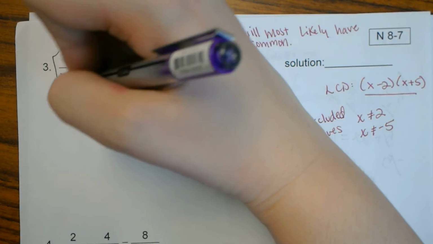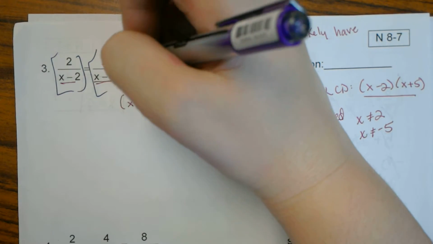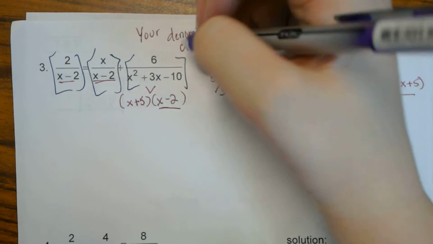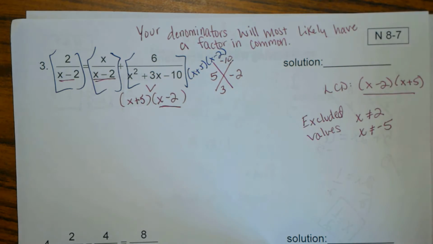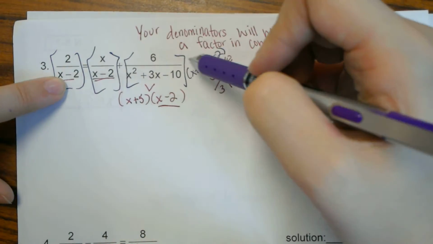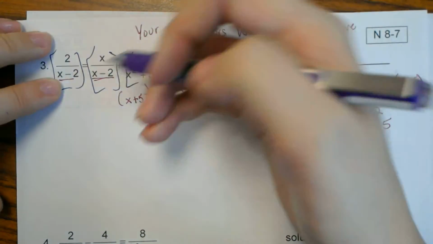So I gotta multiply each fraction by x plus 5, x minus 2. So x minus 2, I'll be left with the x plus 5.